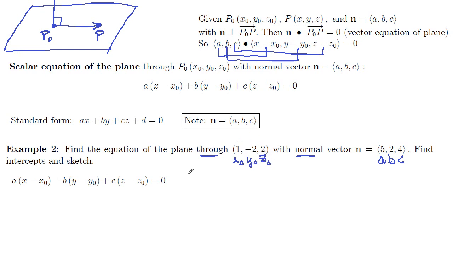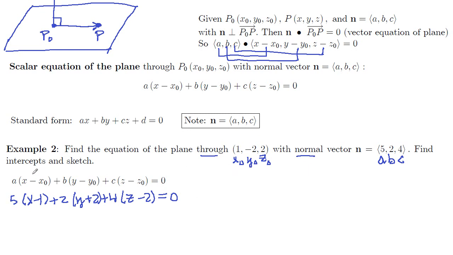That's a point that's on the plane. So we'll go ahead and put our 5, 2, 4 in here, and then it'll be x minus 1, and then y minus -2, so y plus 2, and then z minus 2 equals 0. So there's our scalar equation of the plane.